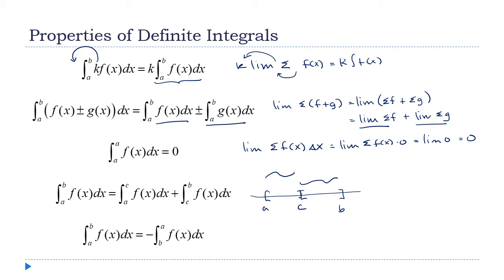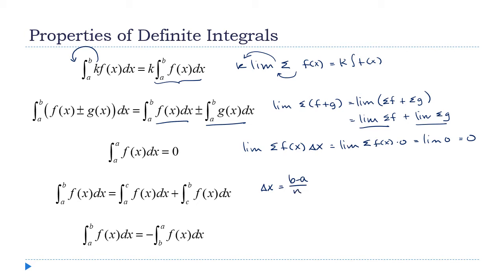Okay, now this next one is a little more interesting. This one is saying if I reverse the order of the limits, instead of going from a to b, I go from b to a. What our property is saying here is that it changes the sign of the integral. Well, I need to make a little room here. Originally, when we're going from a to b, delta x is b minus a divided by n.